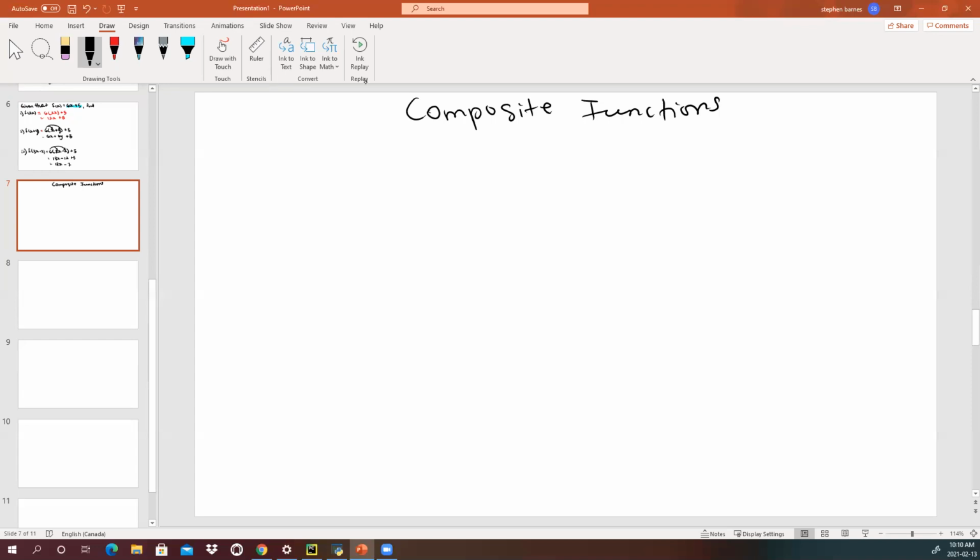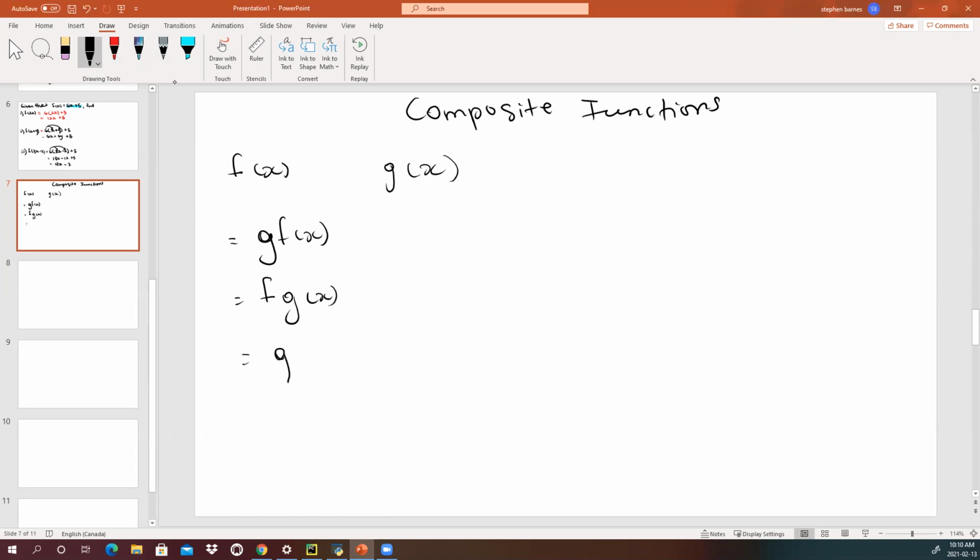In different ways. So for example, if I have two functions, one is f of x and one is g of x, then I can have composite functions that go g of f of x, and I can have f of g of x, right?